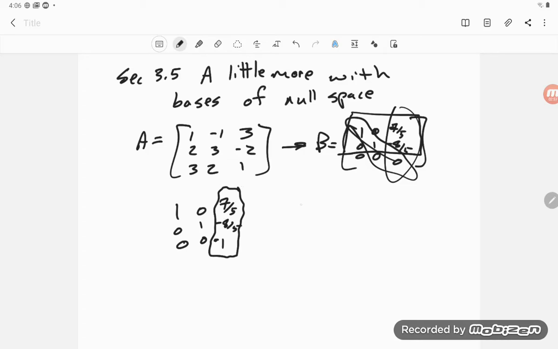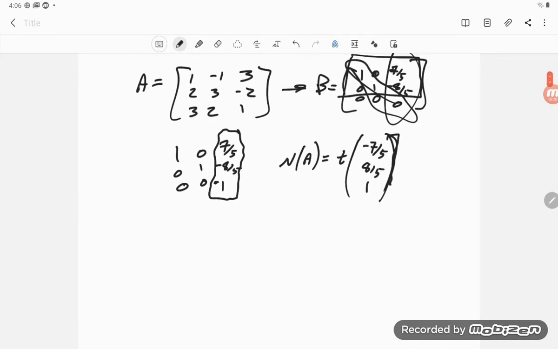And what we would say is our null space of A is equal to any constant t times the negative of that column. So -7/5, 8/5, and 1. And if you were to check back at the other video, that is what we got.